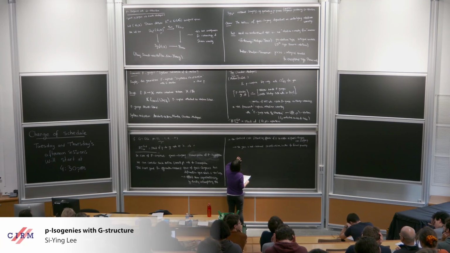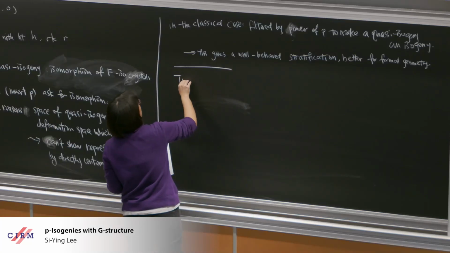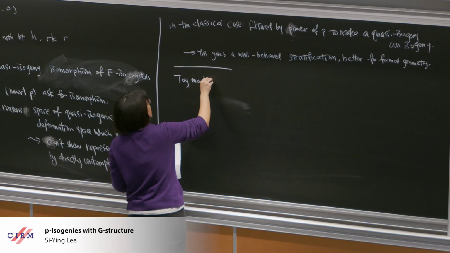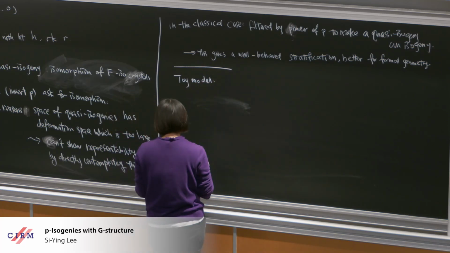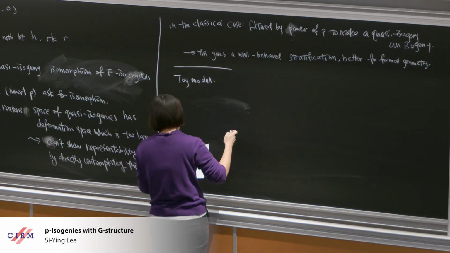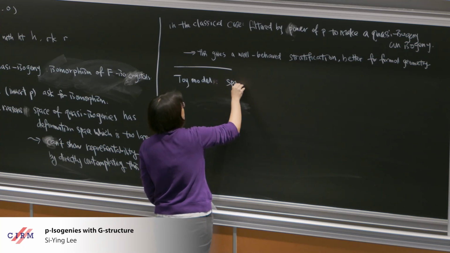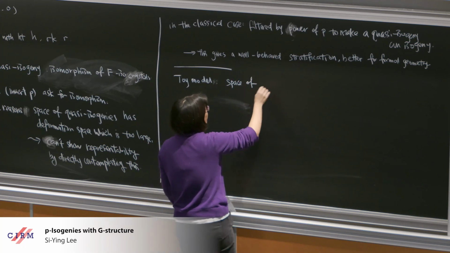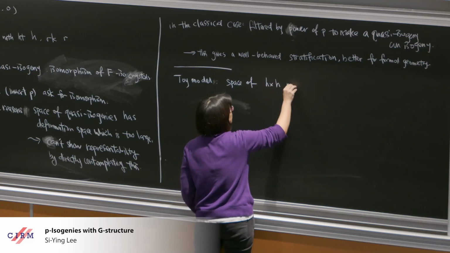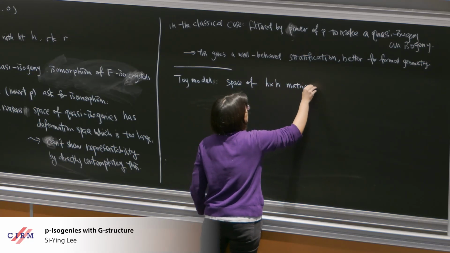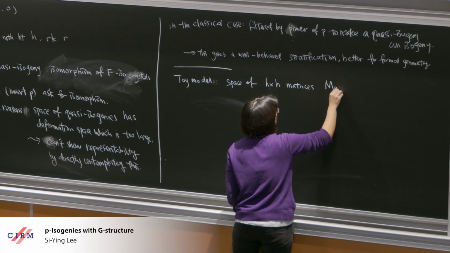But at least there's a toy model for what's happening here, which is to think about the space of H by H matrices. So let's call this MH.